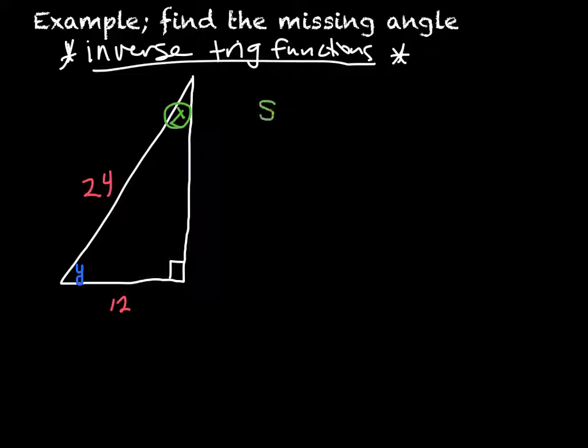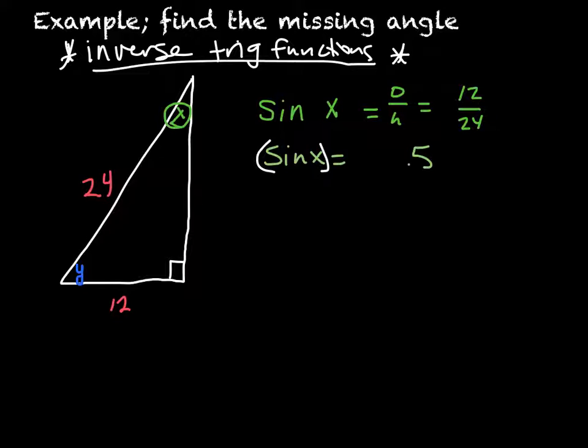x is one of my angles, so I'm going to use opposite and hypotenuse. So I'm going to use sine of x, and I'm going to get opposite over hypotenuse, which would be 12 over 24. Now if I want a more exact answer, I have the sine of x equals 12 divided by 24, and I would get about 0.5. So now I need to get rid of the sine part.